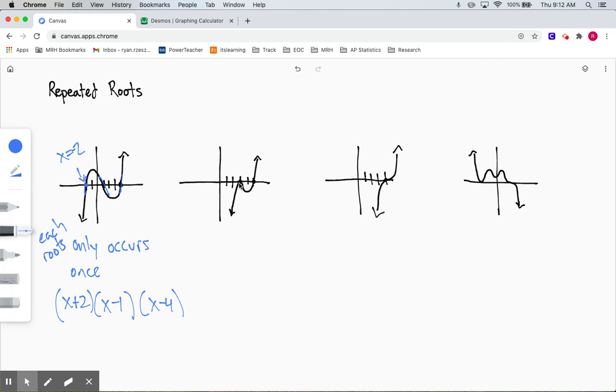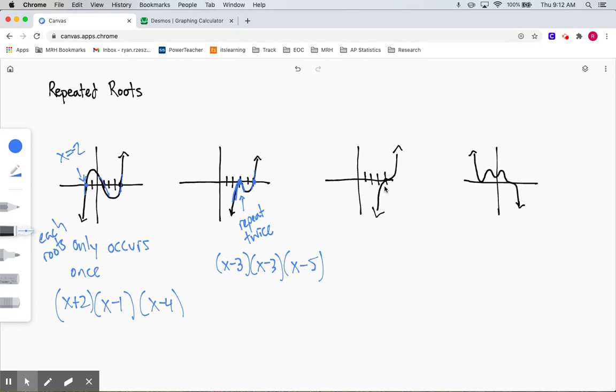If you look at this second picture, though, this answer at positive 3 bounces back and doesn't cross over to the other side of the axis. That answer is going to repeat twice. So when I make my equation this time, that x minus 3 is actually going to happen 2 times, and then I have an x minus 5 as well from this one that only happens once.